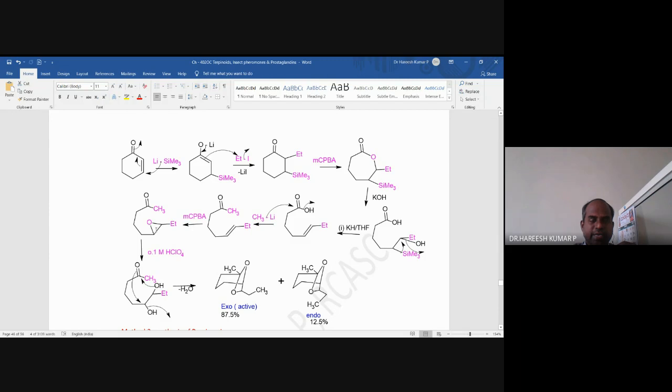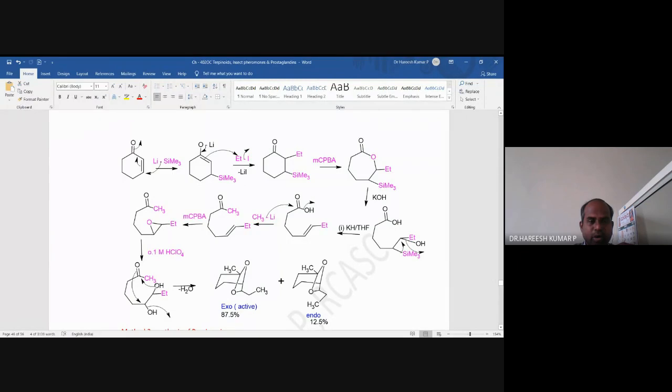This epoxide undergoes ring opening. O will attack this carbon, and this bond pair is picked up by oxygen, which takes the proton. That means the epoxide is converted into a diol. The obtained diol undergoes rearrangement. How does the rearrangement happen?